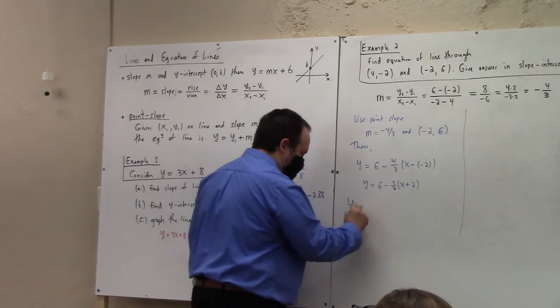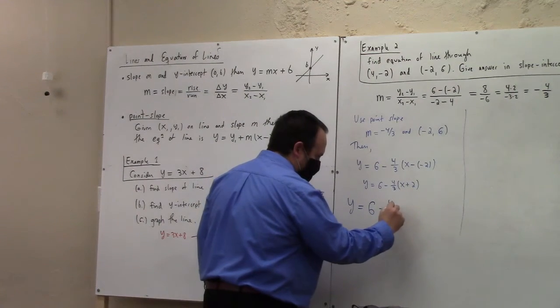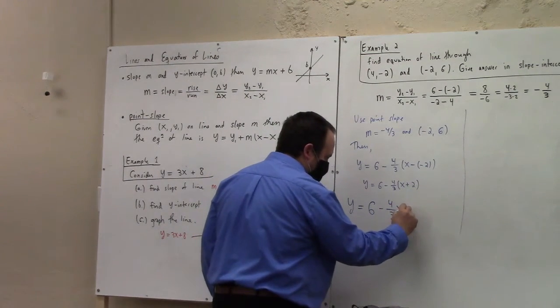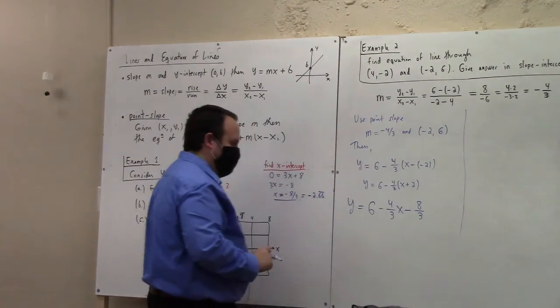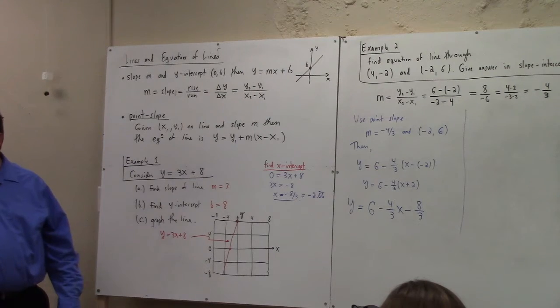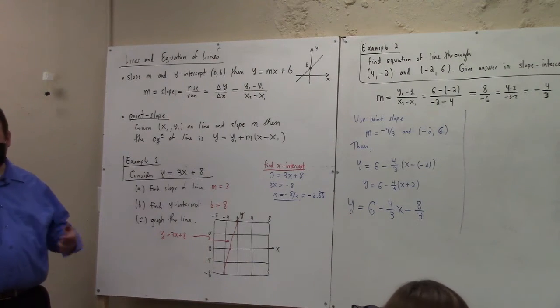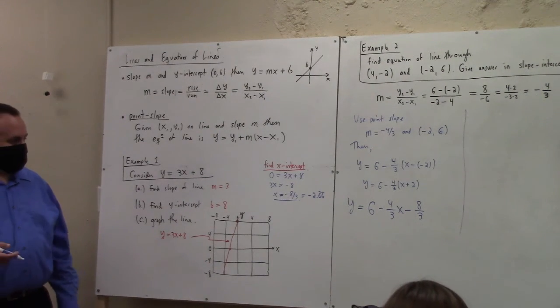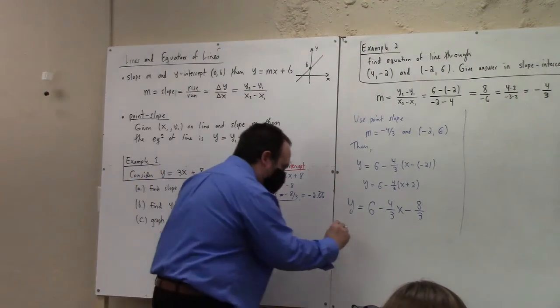So we've got y equals 6 minus 4/3 x minus 8/3. But 6 is how many thirds? 6 is 18/3. Yep. So how many thirds is 6? I think 6 is 18/3, right? So 18 minus 8 is 10. I've got 10/3 total.